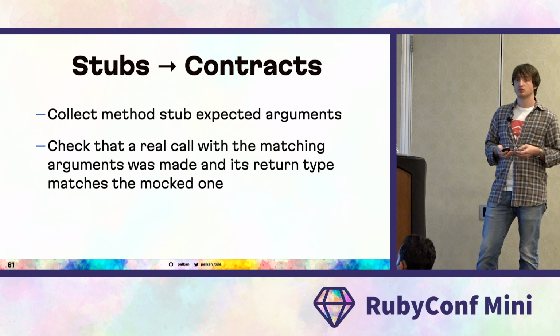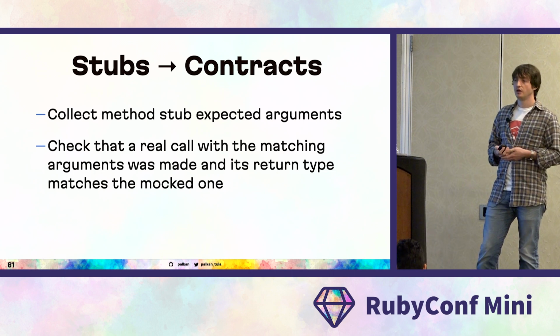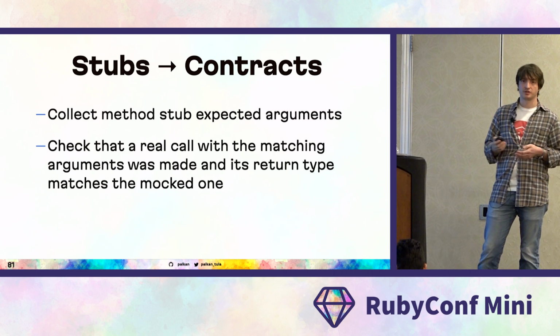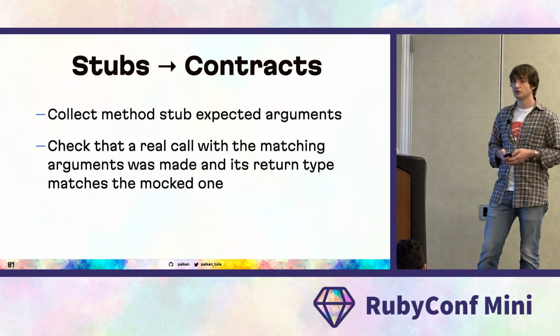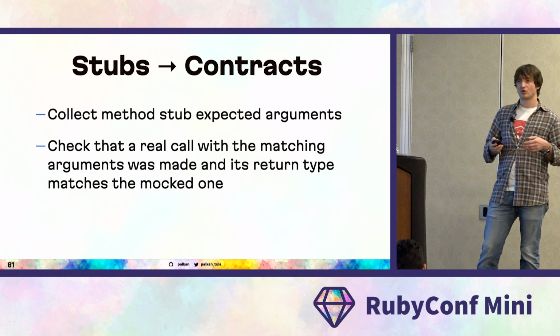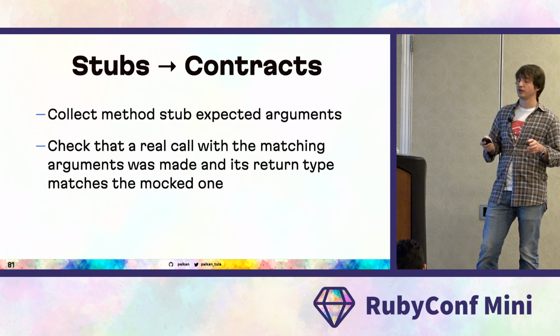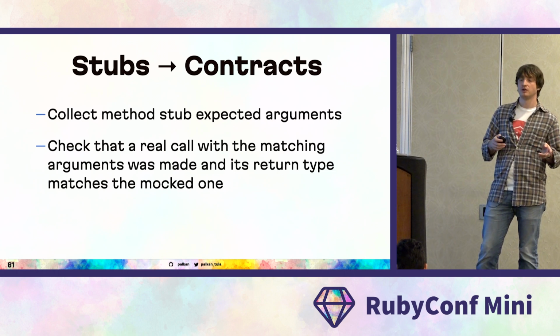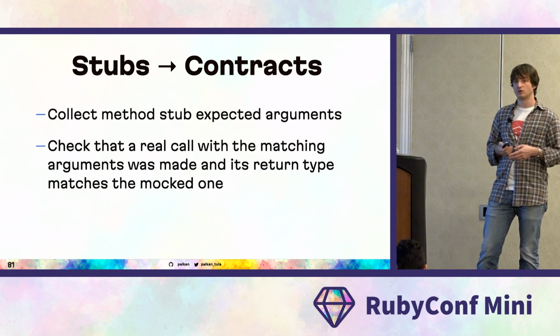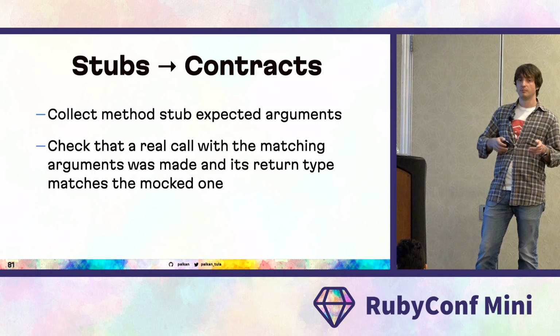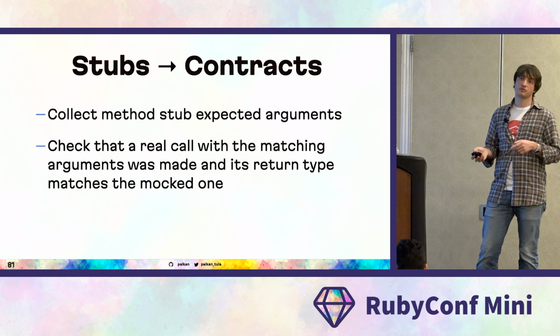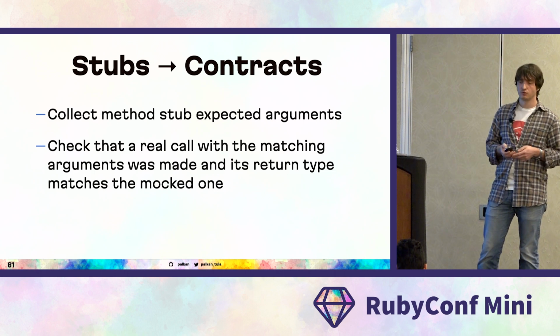So we already know how to get the meta information about mocks. And this information also contains the expected arguments and expected return values. So we can construct what I call a verification pattern for the mock. And then we can use our real call traces to find the matching call trace. If there is a matching call trace for this mock, then the mock is verified.